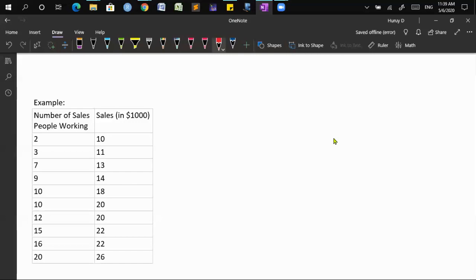Because as the number of salespeople increases, then probably sales increase or decrease, because this one comes after this one. So this would be my X variable, and this would be my Y variable, which basically means the X is what we call the explanatory variable, or independent variable.